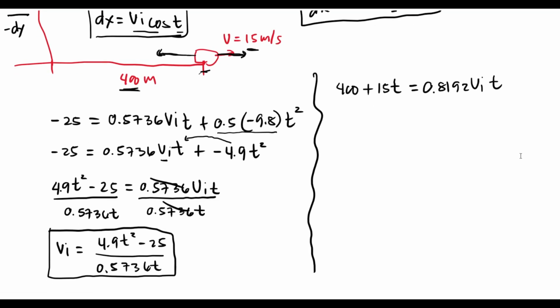Then from this, we can now substitute the value for the initial velocity into this equation.